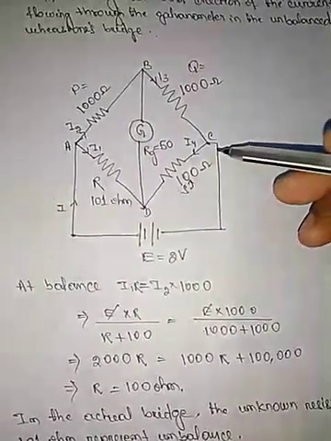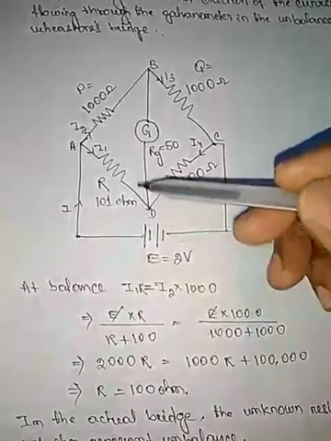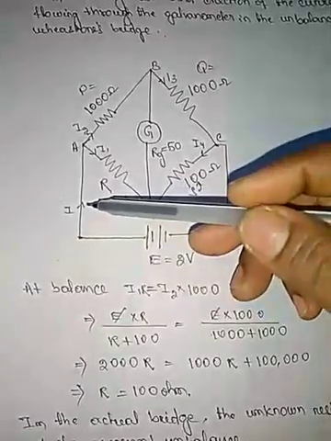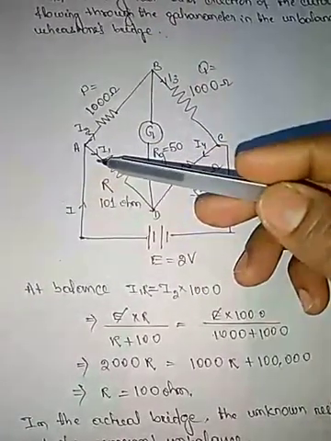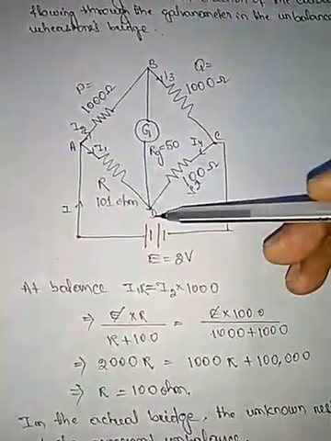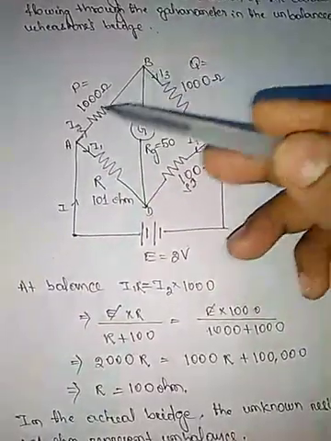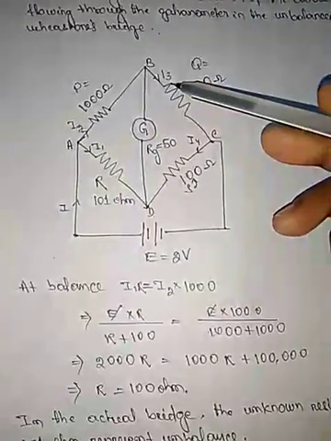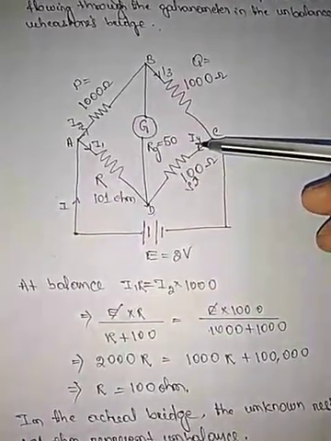For that, you first show the direction of current. Here I have already given the direction of current. Let the total current be I. At node A, it is divided into two paths: one through the AD path, I1, and another through the AB path, I2. Through BC, let the current be I3. Through DC, let the current be I4.